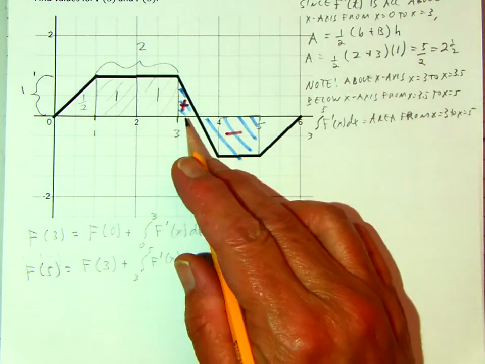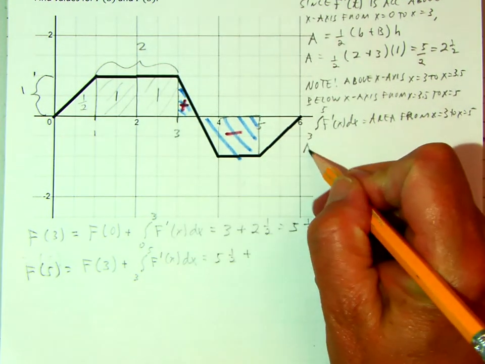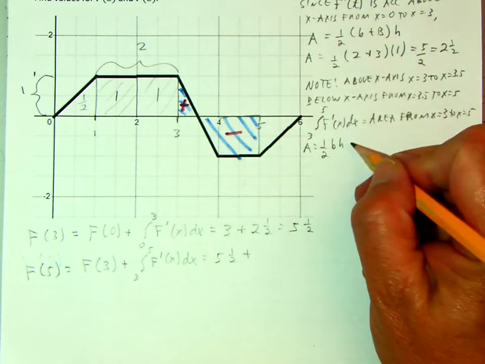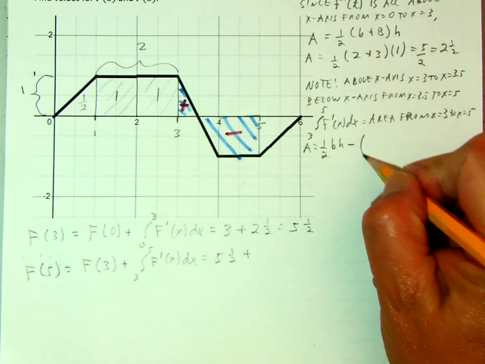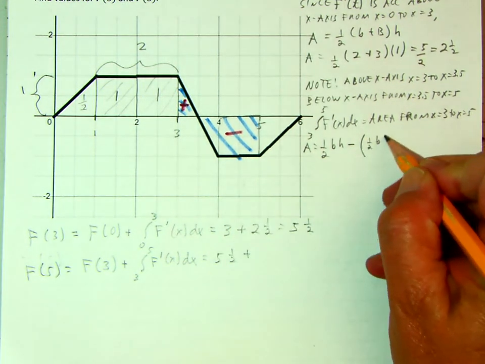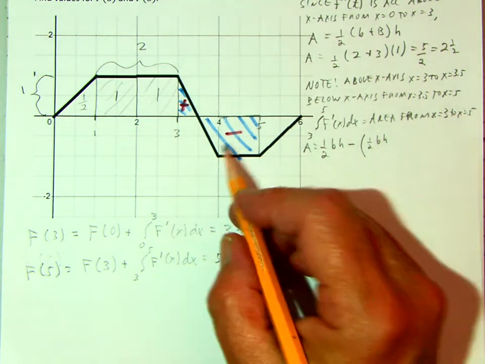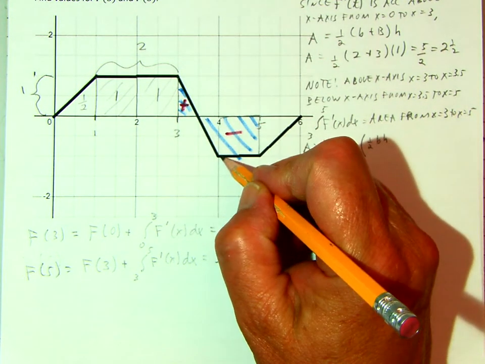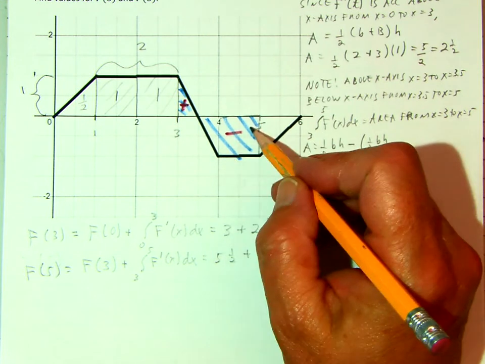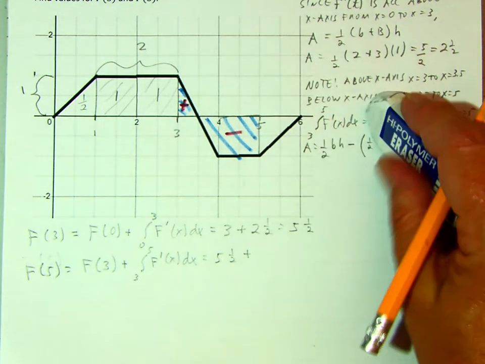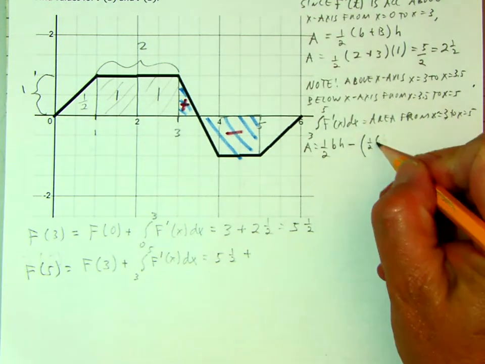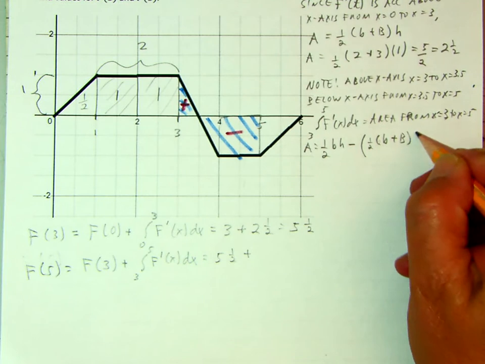And that would be one-half base times height minus the area under the x-axis, which would be 1/2 base times height. Let's see, if I look at this as a triangle, that would be 1/2 base times height plus this square, or I can calculate it as a trapezoid, and I'm going to do that. Little base plus big base times the height.